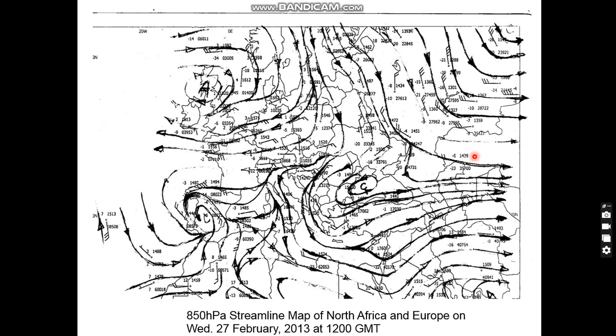And what is a streamline? As I said earlier, a streamline is a line drawn parallel or tangential to the instantaneous wind velocity. Now, looking at the map, you see various winds scattered everywhere at various stations, station circles. You see the direction and you see the speed.